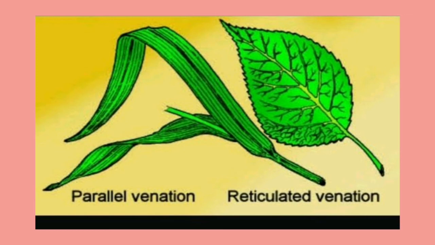On the other hand, for example, in the leaves of maize, all the veins are parallel, running from the leaf base to the leaf apex. Thus, the peepal leaf blade has reticulate venation and the maize leaf blade has parallel venation. You can clearly see in the diagram what is parallel venation and reticulate venation, and you can differentiate between them.